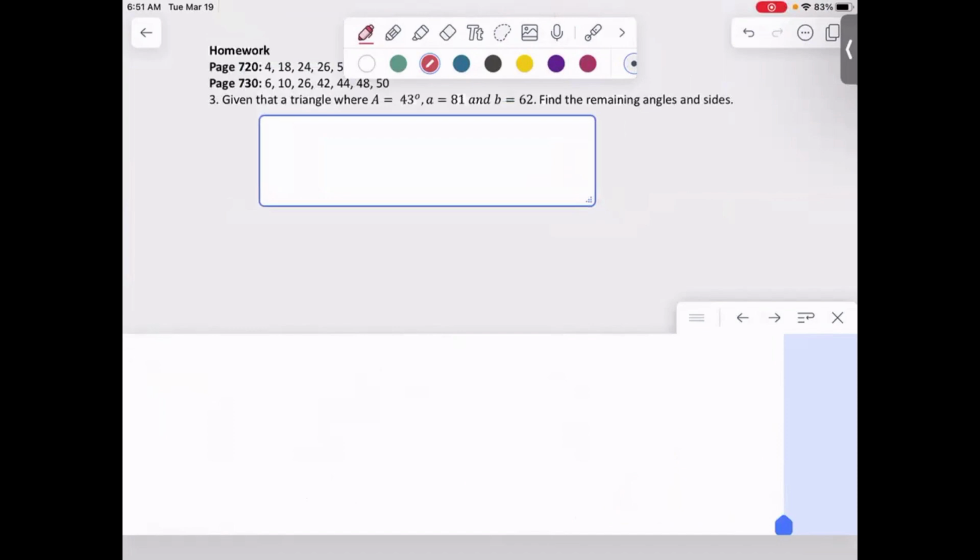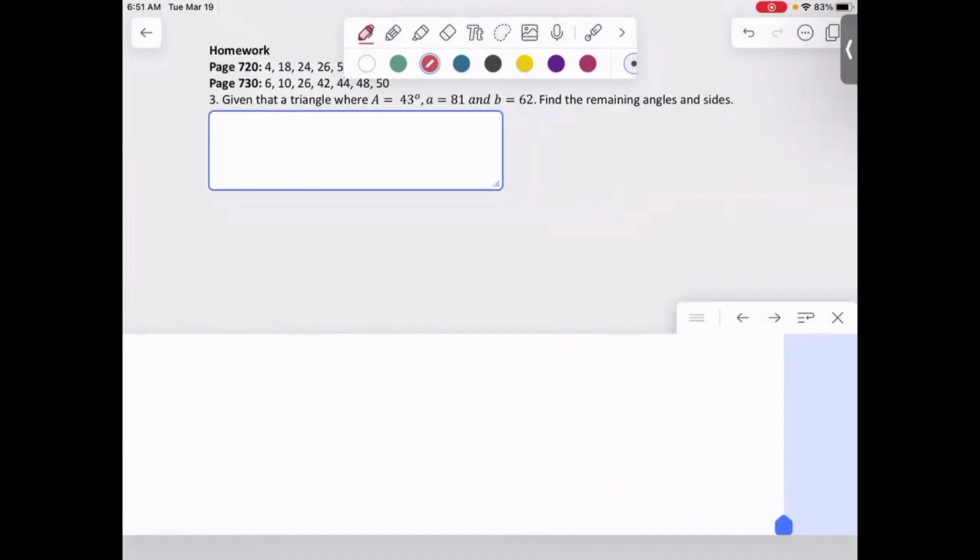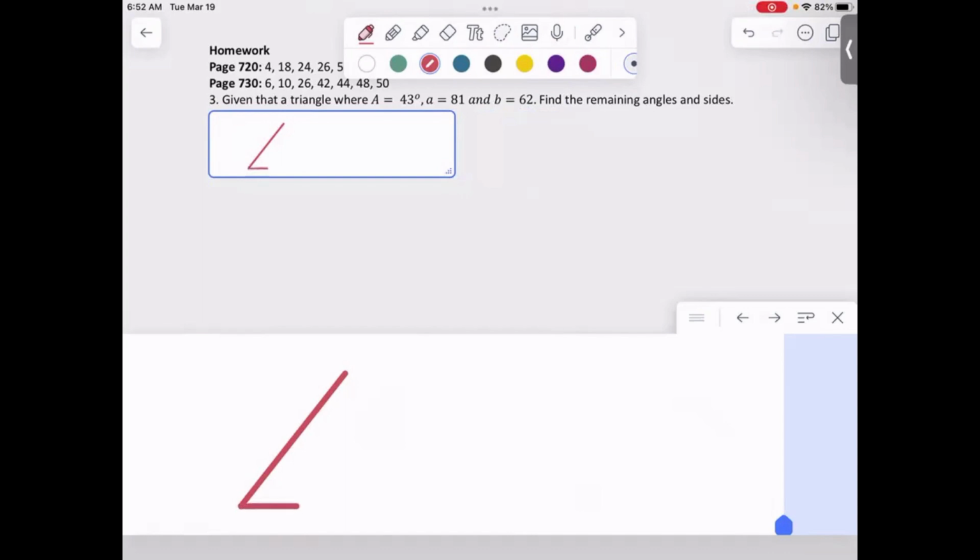So, given a triangle, for this one we will practice drawing it because I think it's helpful, kind of like how we just drew all of those last triangles. Keep in mind, in this case, A is acute.